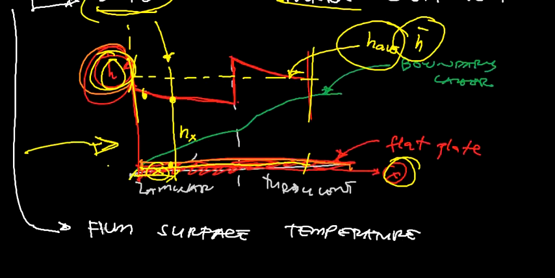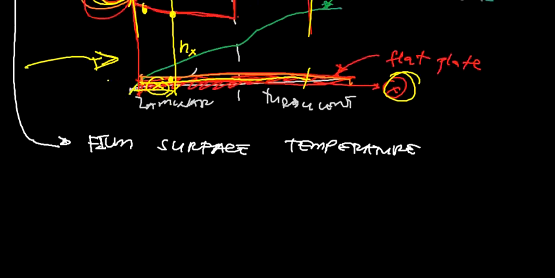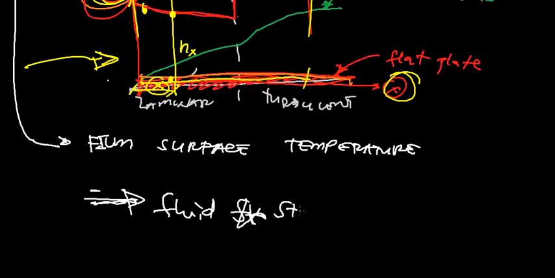Okay, so this film surface temperature, since various properties are a function of temperature, right? And we have a temperature for our fluid stream, and we also have the temperature of our surface, right?